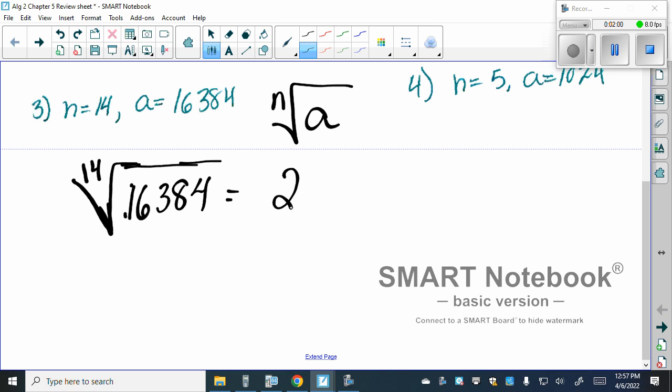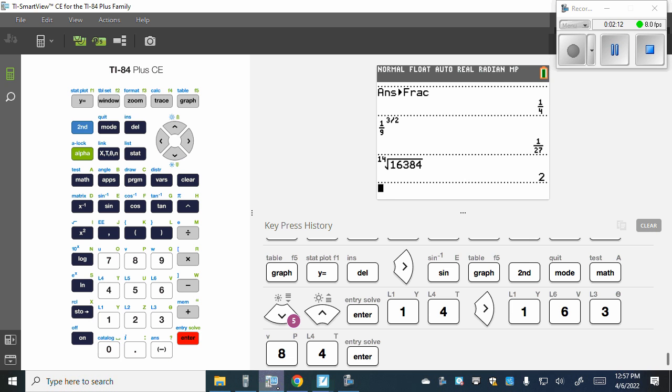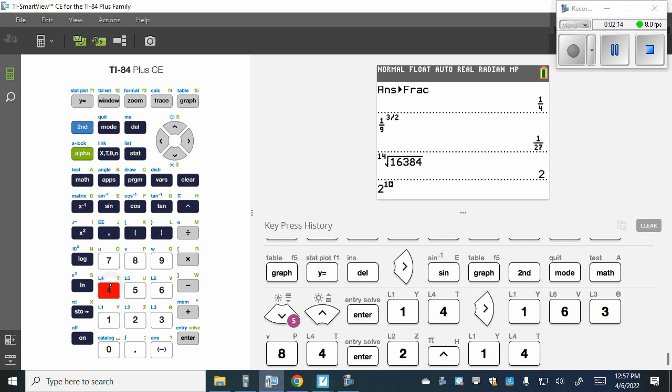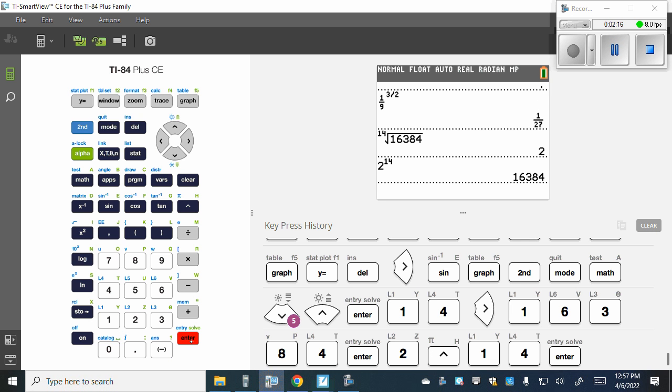This is the only part that's going to show up, especially on the test: here we have to add the plus or minus. Because if we take 2 to the 14th power, we get 16,384.